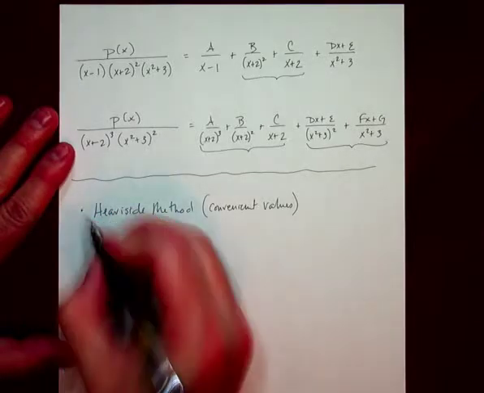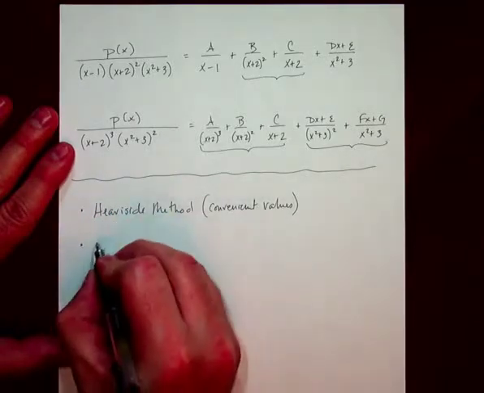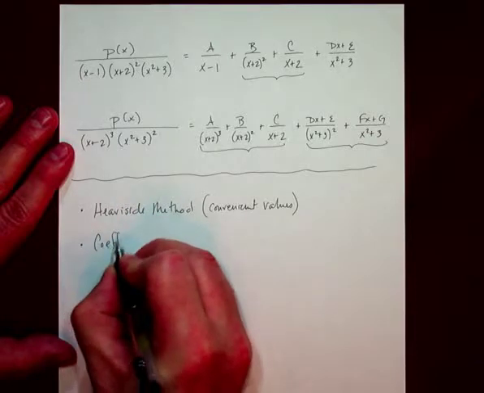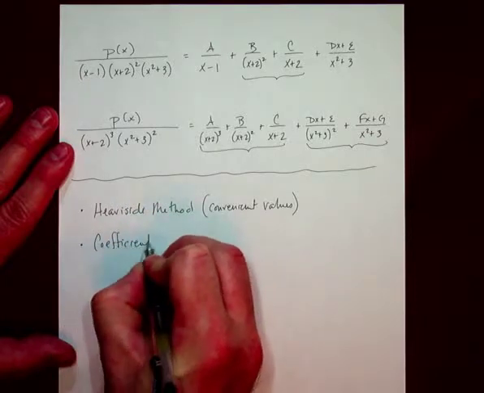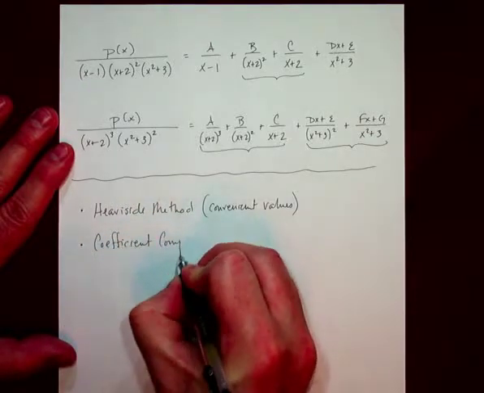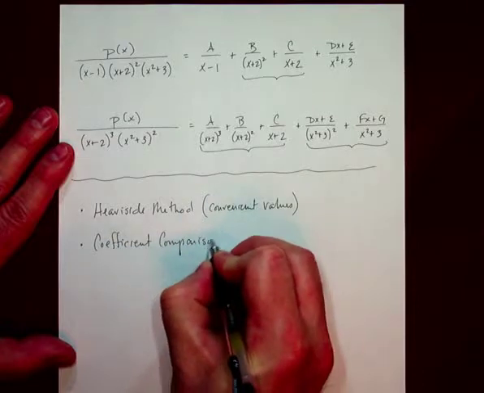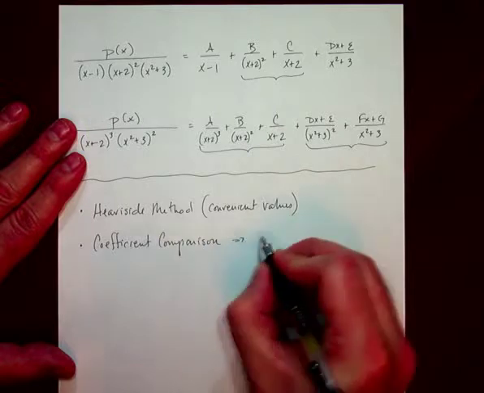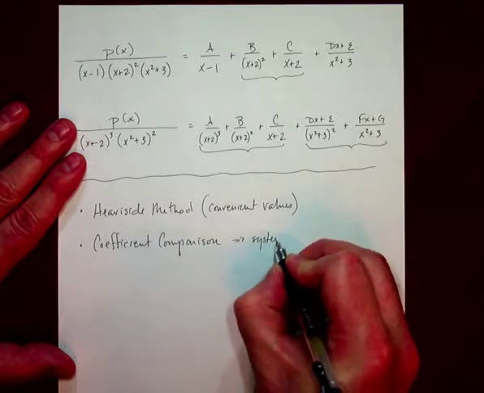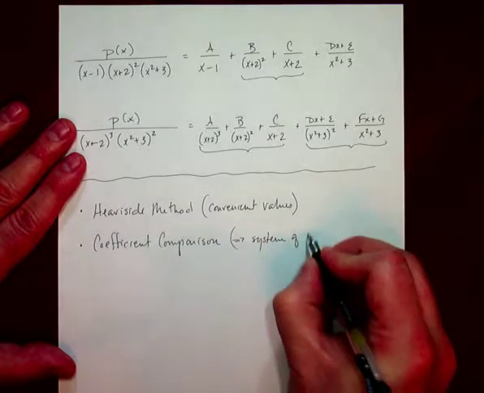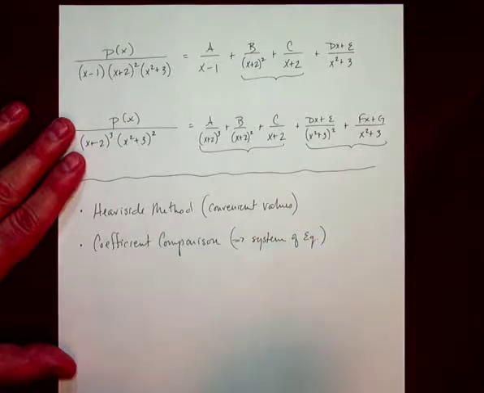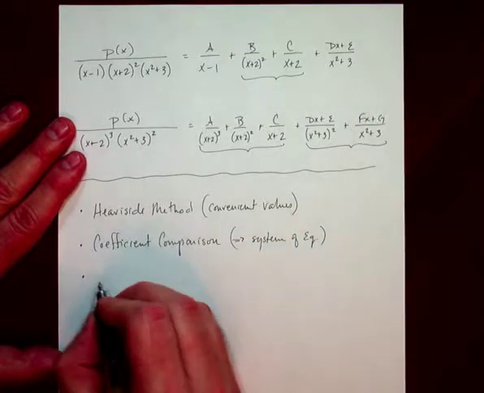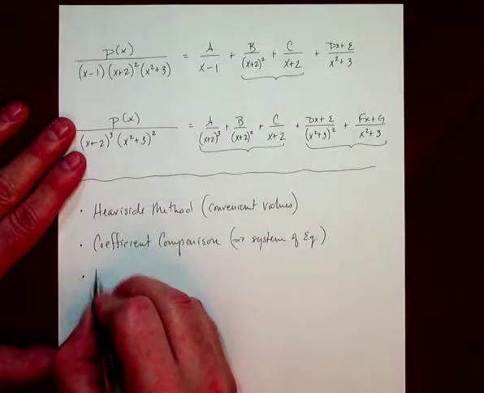Then we have what I've referred to, since I don't know any other name for it, as the coefficient comparison method, which sometimes can lead to a system of equations. Sometimes it doesn't.